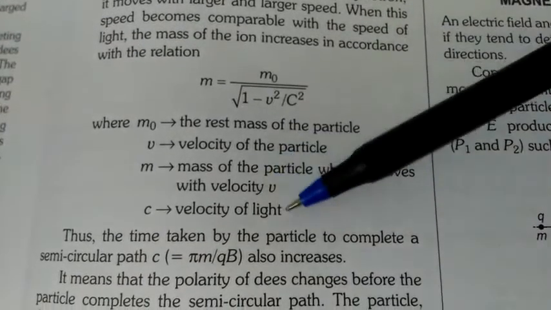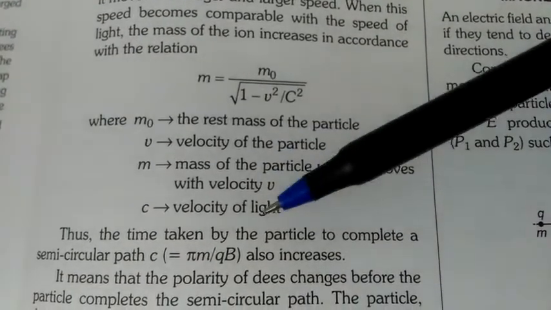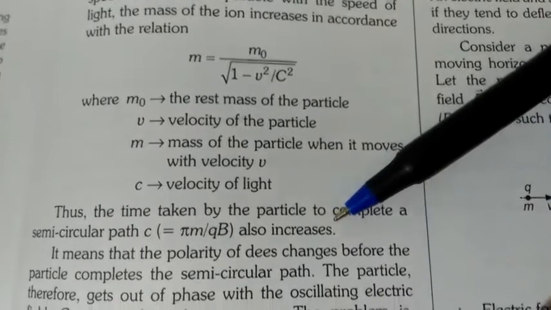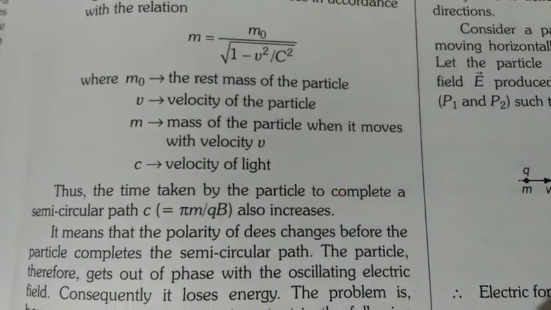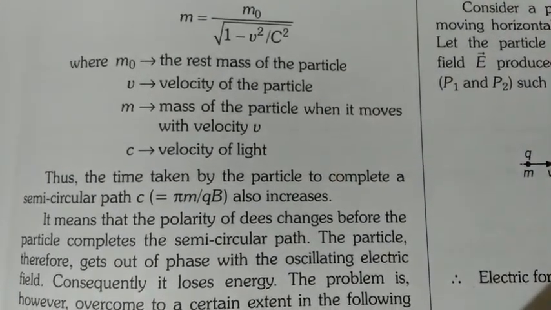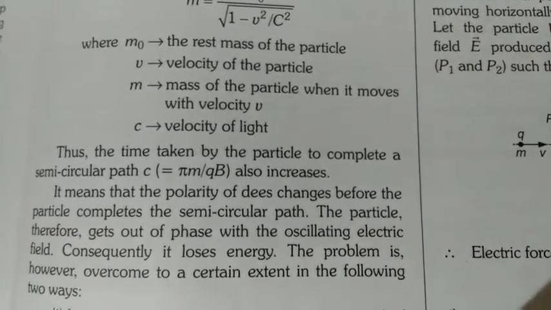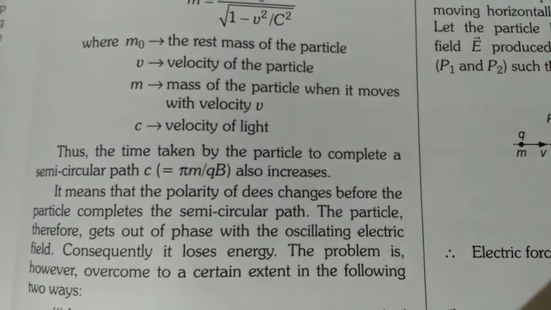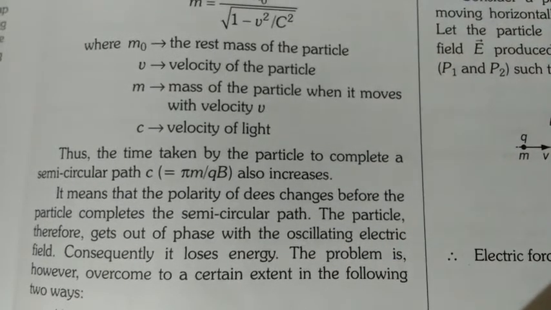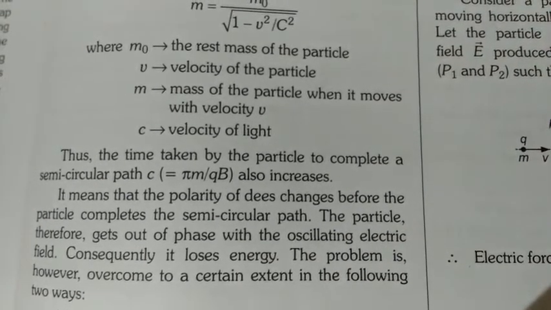Thus, the time taken by the particle to complete a semicircular path also increases. It means that the polarity of the Ds changes before the particle completes the semicircular path. The particle therefore gets out of phase with the oscillating electric field, consequently it loses energy.